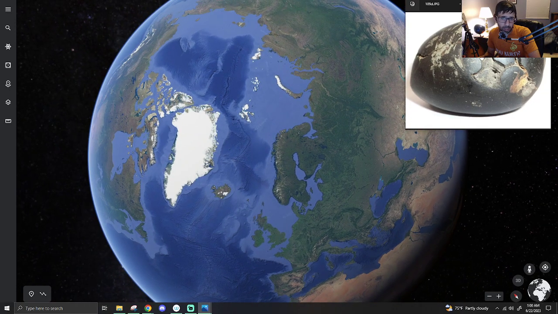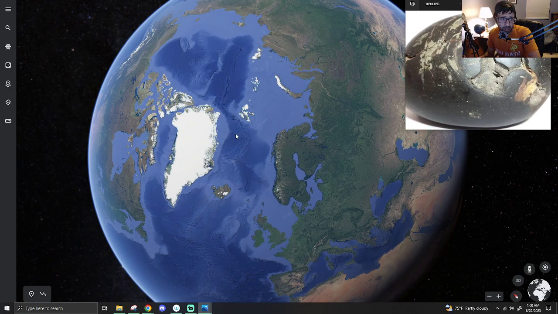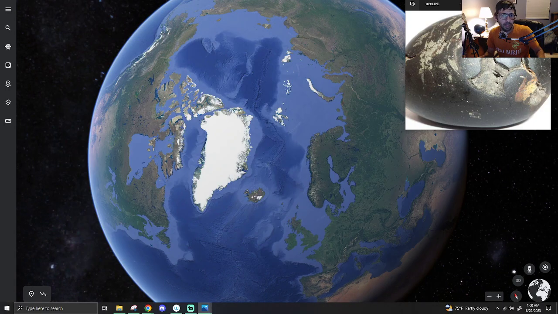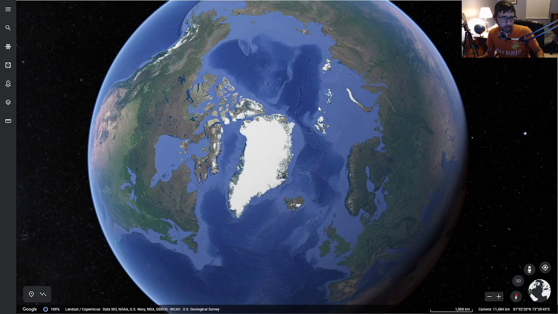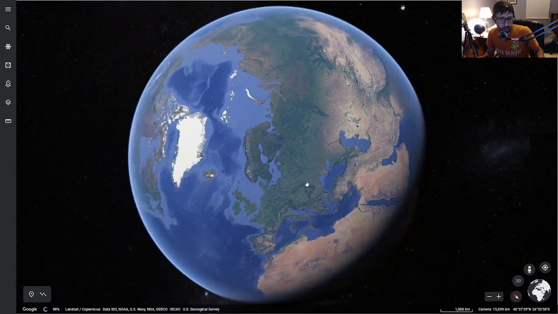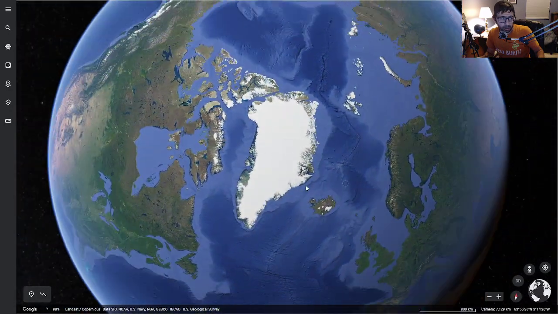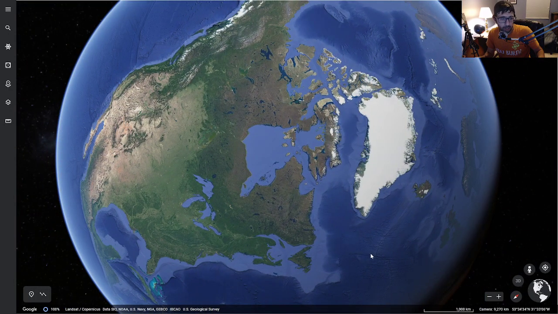Not the worst Greenland boundary thing going on here. I don't know, not the worst. It goes out way further. Maybe it even goes out way further, from here all the way out to here.